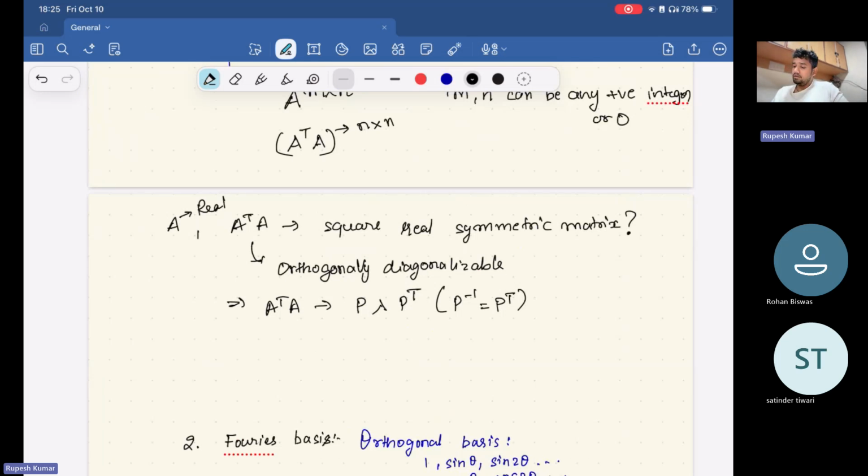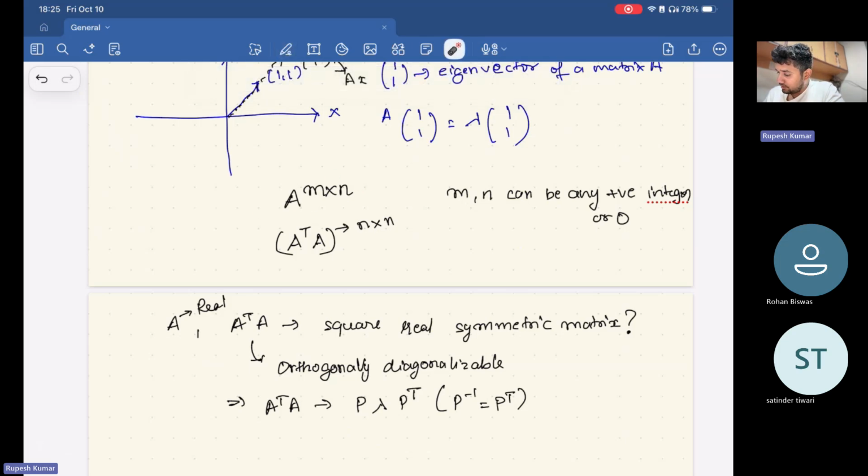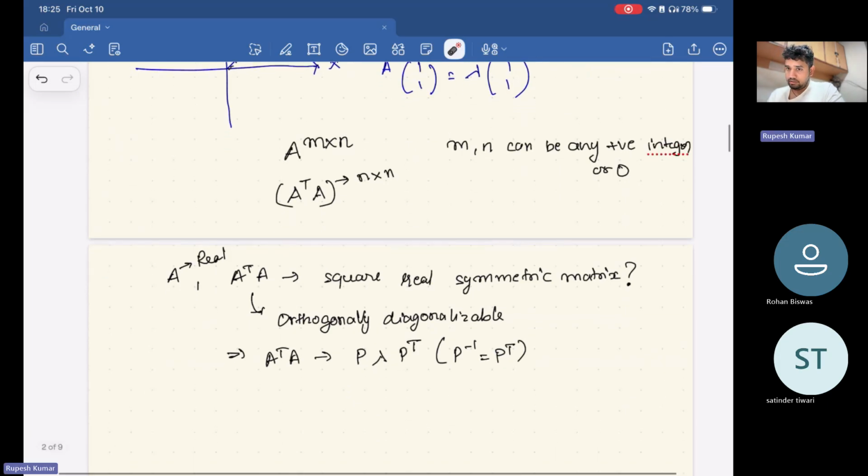This means that if you have an m cross n matrix, it will have real eigenvalues and be diagonalizable. You can write it like this.